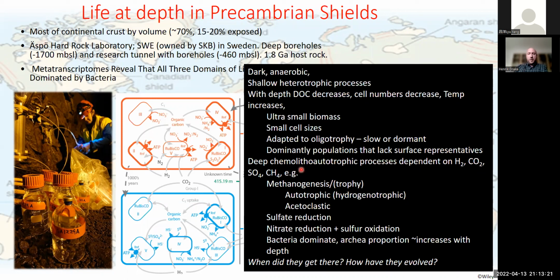And then we have these processes: methanogenesis, that can be both autotrophic and acetoclastic. We have sulfate reduction, nitrate reduction, and with depth, bacteria dominate, and archaea also, the proportion of archaea might be increasing with depth.